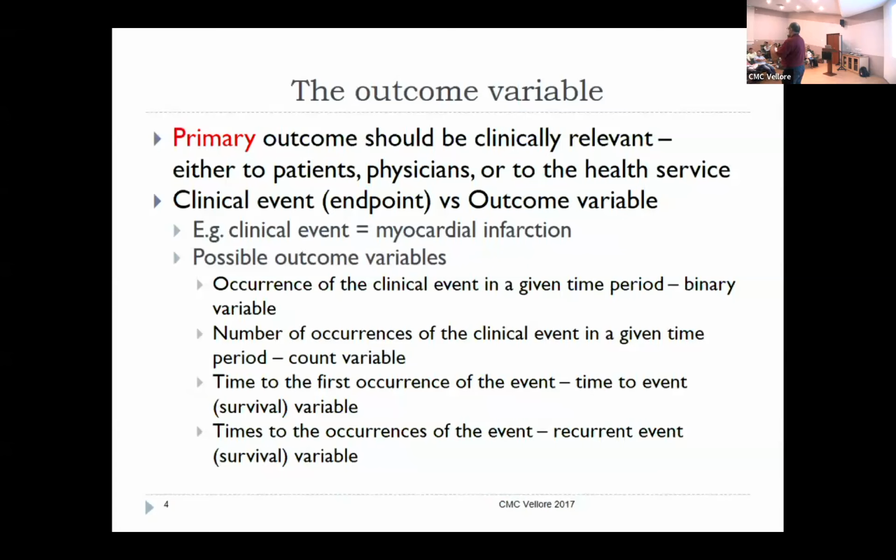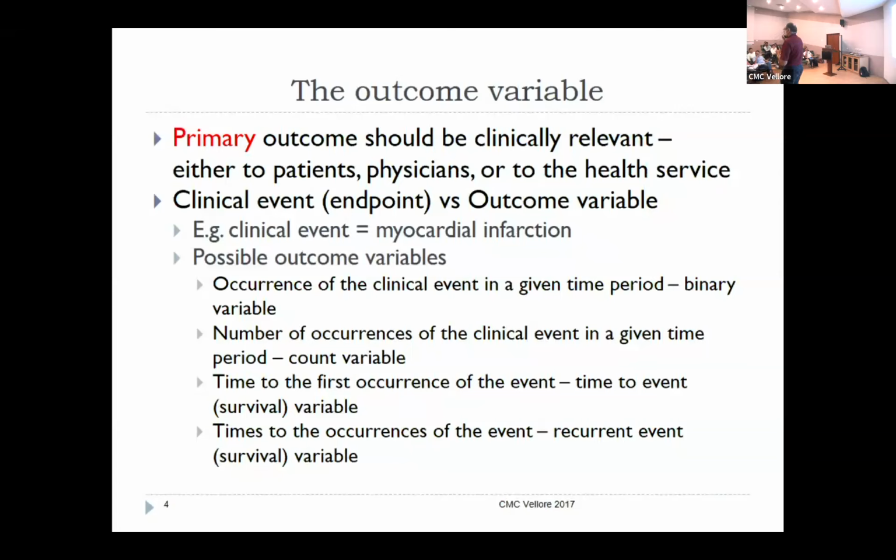And if time to death is important, or time to heart attack, then two things happen. I can see if my drug or my intervention is effective in delaying the bad thing, or, if it's a good thing that I'm looking at, in having the cure happen earlier. So now time to that event is what you're interested in.